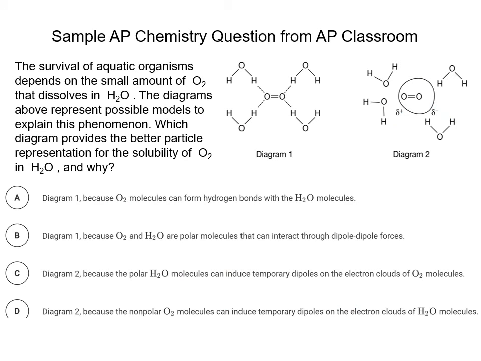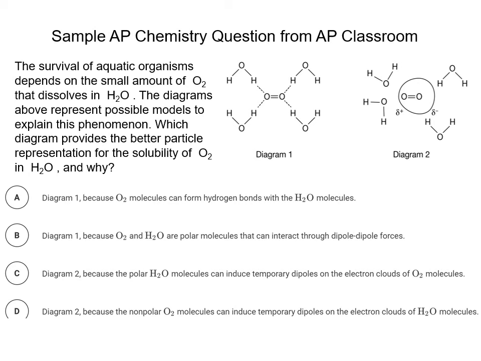Okay, let's look at some sample AP questions from the AP classroom. So I'll just read these to you. The survival of aquatic organisms depends on the small amount of O2 that dissolves in H2O. The diagrams above represent possible models to explain this phenomenon. Which diagram provides the better particle representation for the solubility of O2 in H2O?